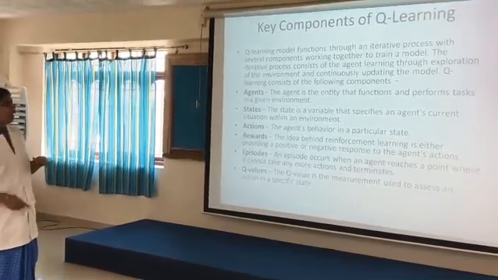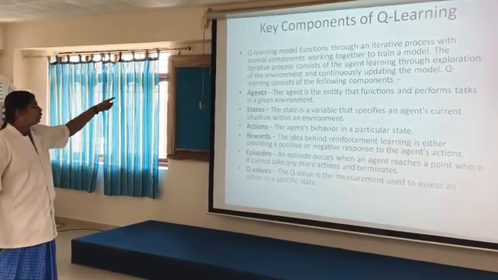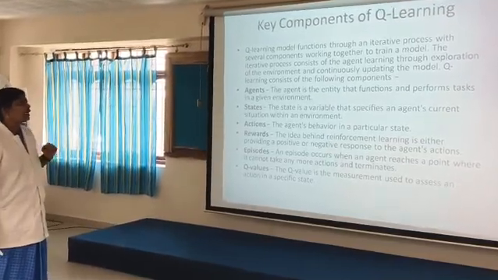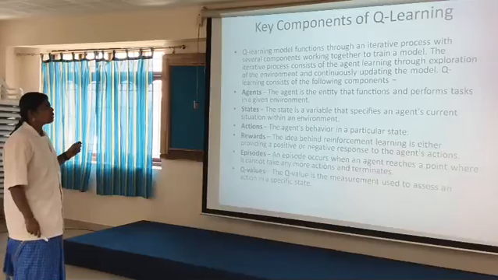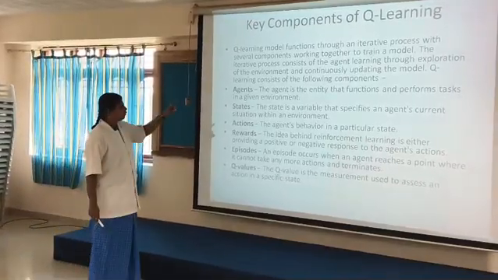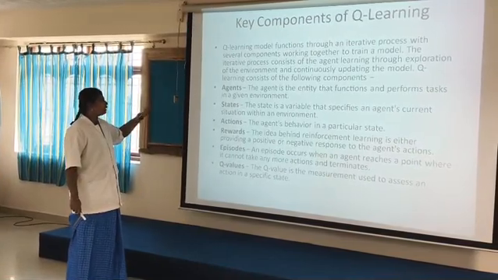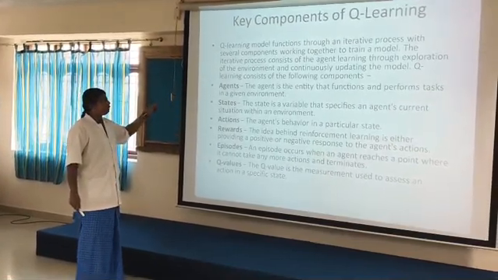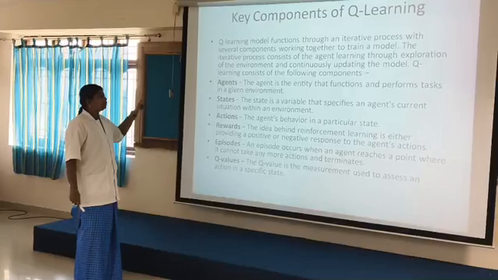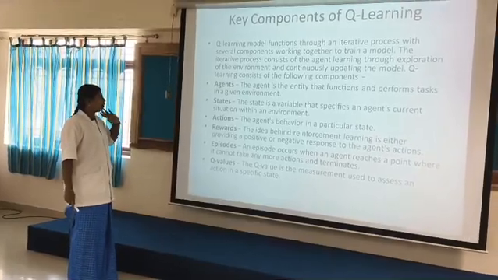These are the key components of Q learning. Q learning models function through an iterative process. There are several components working together to train a model. While we train a model, we use the following components. First is the agent. The agent represents the entity that functions and performs tasks in a given environment.